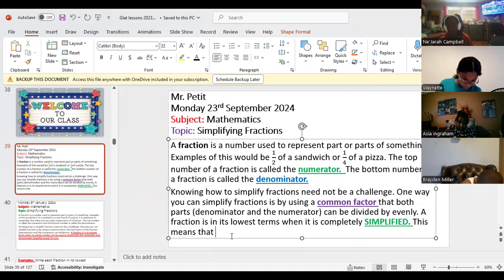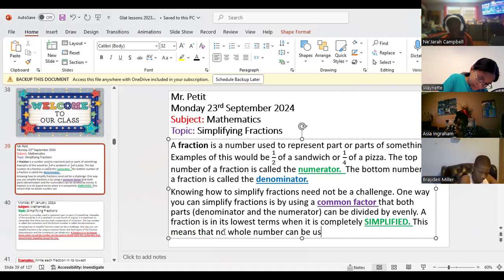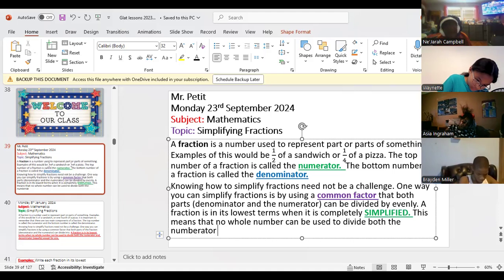This means that no whole number can be used to divide both the numerator and the denominator evenly.